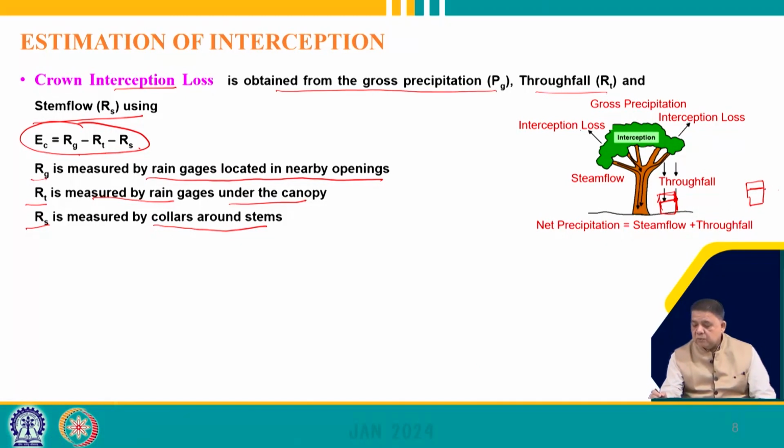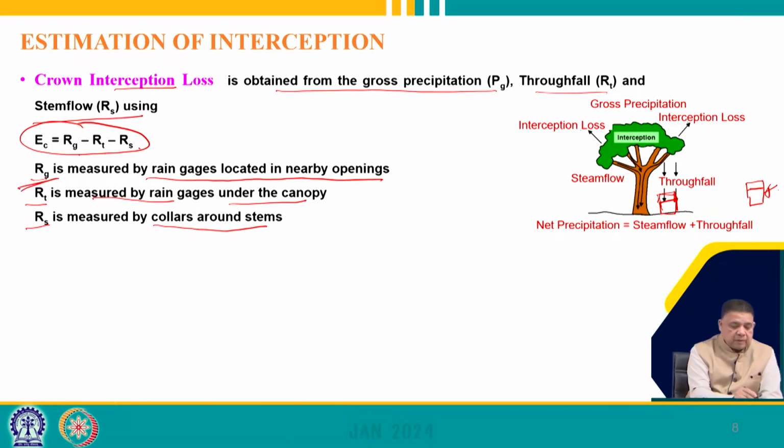Obviously, the rainfall precipitation in open spaces will not be impacted by interception. So, that is RG. Rainfall will also be collected by the rain gauges located below the plantation or below the canopy. That simply means that rainfall is reaching the rain gauges after it is intercepted by the canopy. That is why it is called RT, that is, under the canopy.